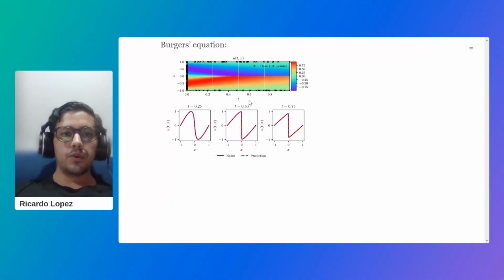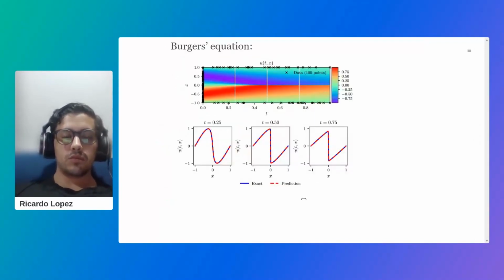So for example, this is just a result for the Burger's equation, and here the training data is on the boundary. So basically the Dirichlet condition for your PDE will give you the training data that you will then use.